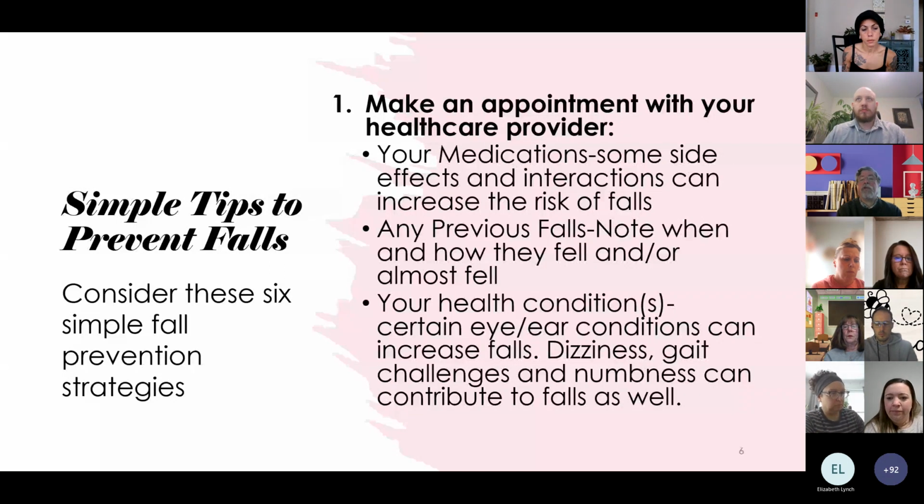We want to know any previous falls and when they fell or almost fell and how they fell. And there are certain eye and ear conditions that can increase the risk for falls. Dizziness, gait challenges, numbness, all of that can contribute to falls as well. So we want to make sure we know what those risks are with the healthcare provider.